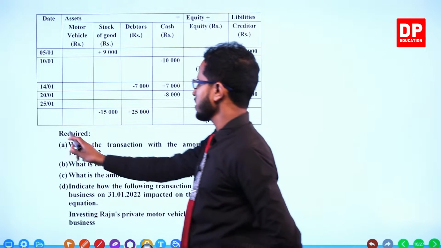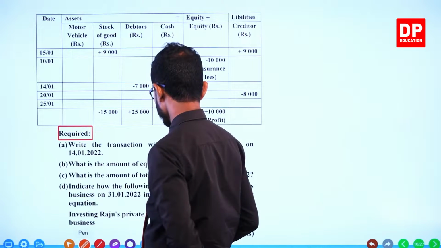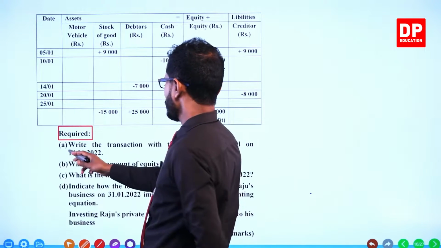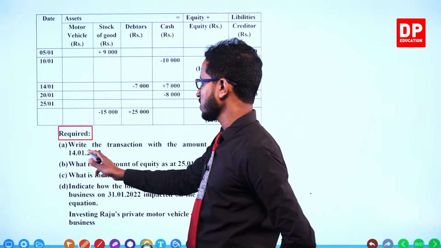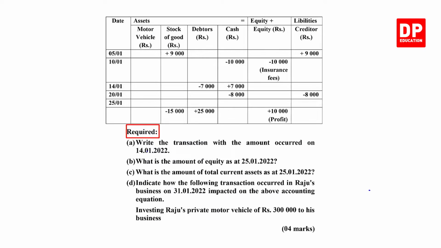What is required now? Let's see. Write the transactions with the amounts occurred on 14th January. Wow, we have 1, 2, 3, 4 questions.